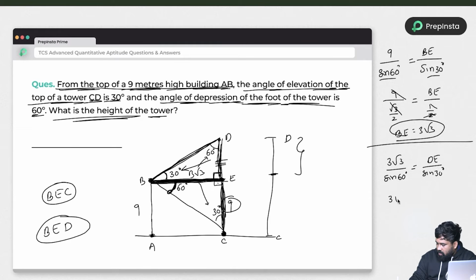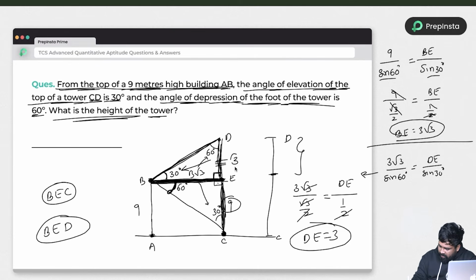So I am writing here: 3 root 3 divided by sine 60, which is root 3 by 2, is equal to DE divided by 1 by 2. 1 by 2 and 1 by 2 cancel, root 3 cancels. So DE is equal to 3. So the answer here is 3.